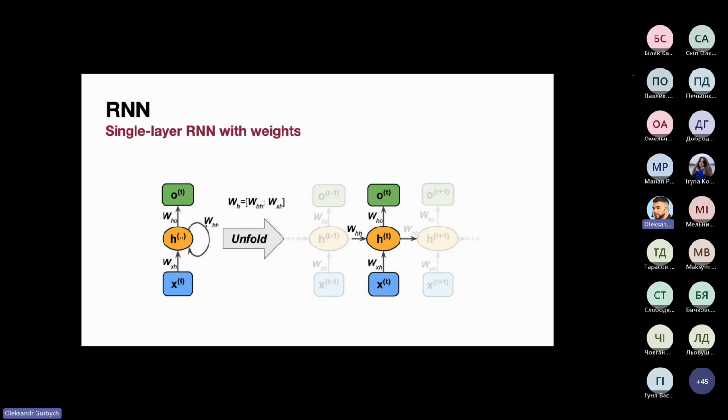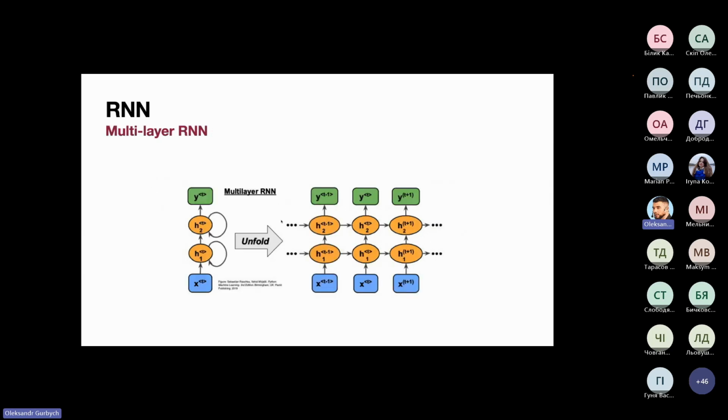Let's denote them with WHH. If we unfold it, we will have the same weights applied at each time step during forward propagation, then they will be updated during backward propagation.